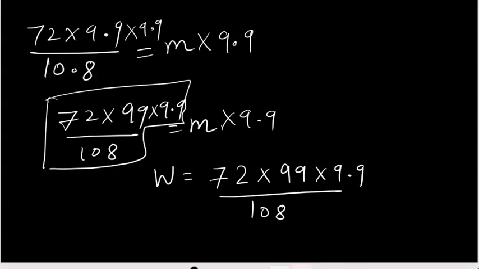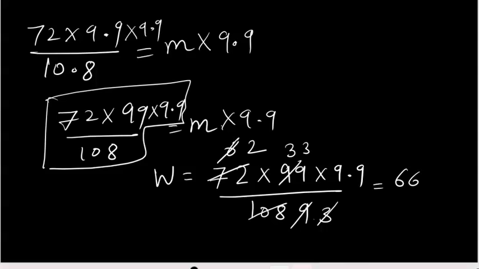We can divide it by 12. So this is 3 into 2, this is 3 into 3, this is 33. So this will be 66 into 9.9.